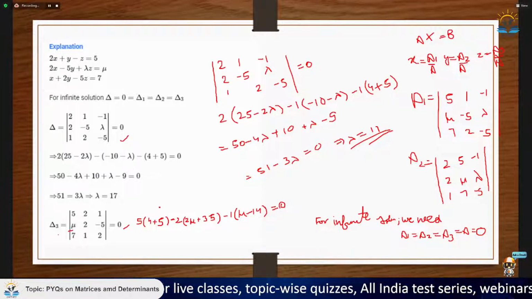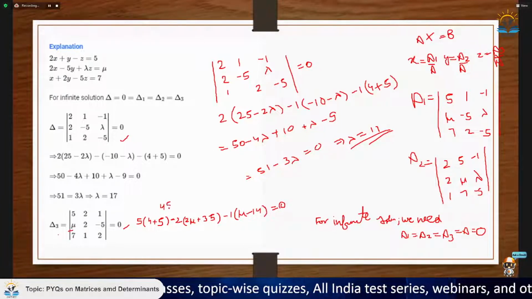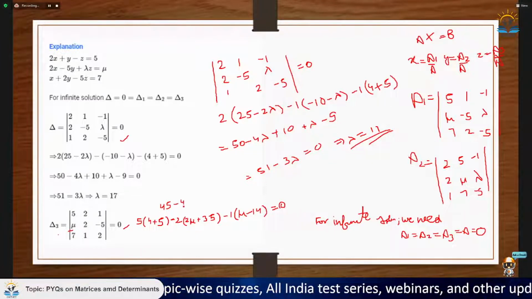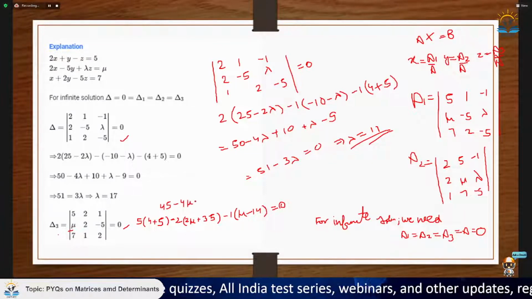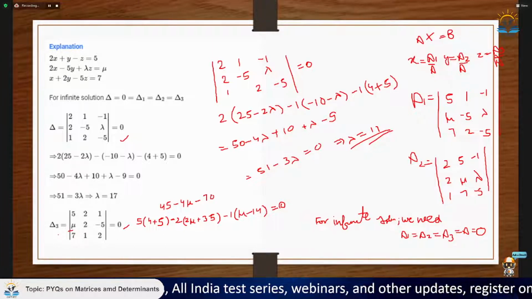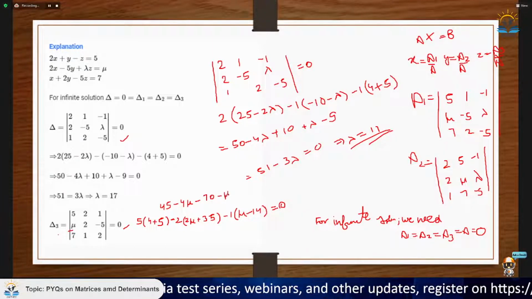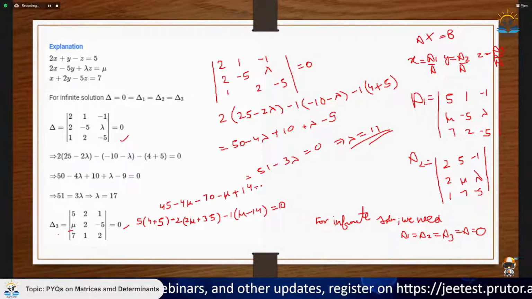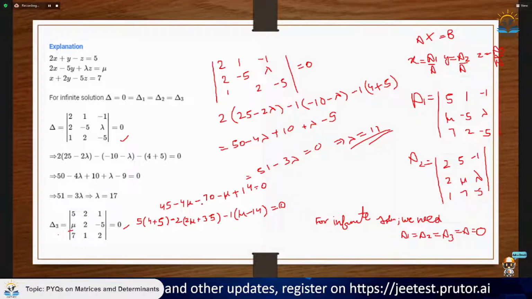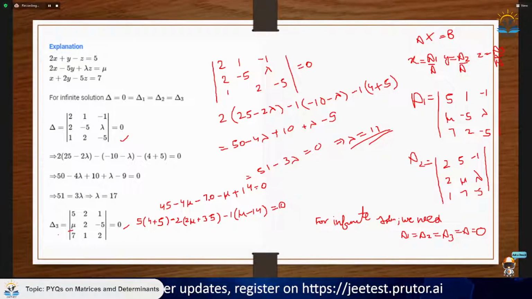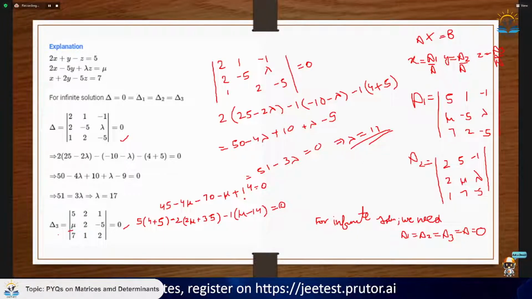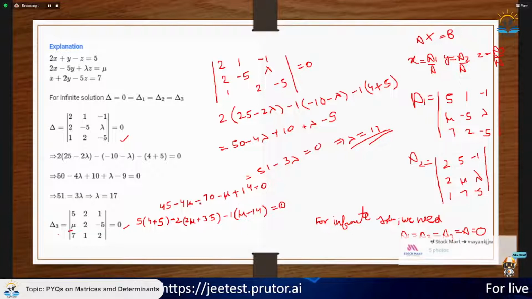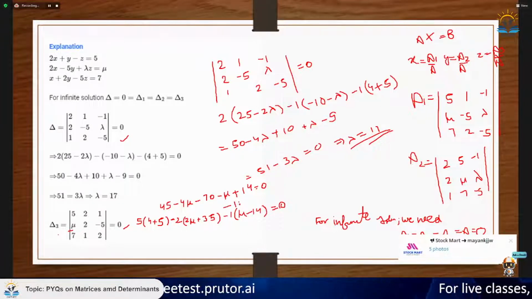Bas, you got your solution. 5 into 9 is 45. 45 minus 4 mu minus 70 minus mu plus 14 is equal to 0. So from here you can say that 45 minus 70 would be minus 25. Minus 25 plus 14 is how much? 11. So basically minus 11, minus 5 mu is equal to 0.